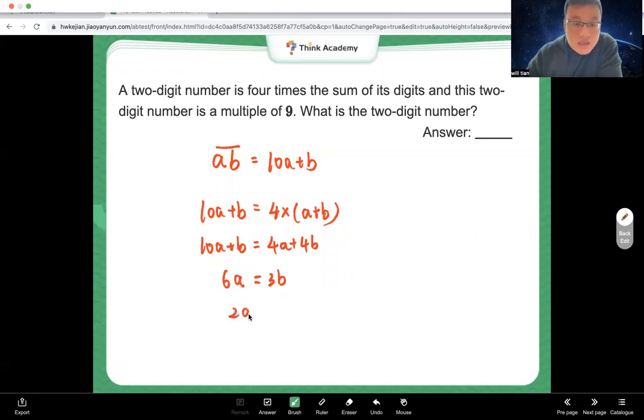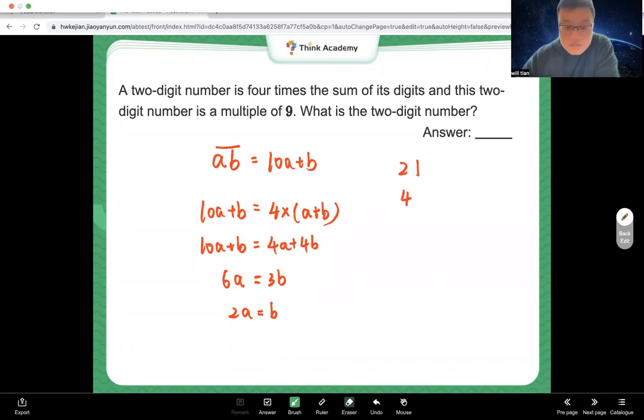That will be 2A equals 1B. So you see that B is bigger, right? In other words, the ones digit must be double the tens digit. So you could have 21, you could have, say, 42.